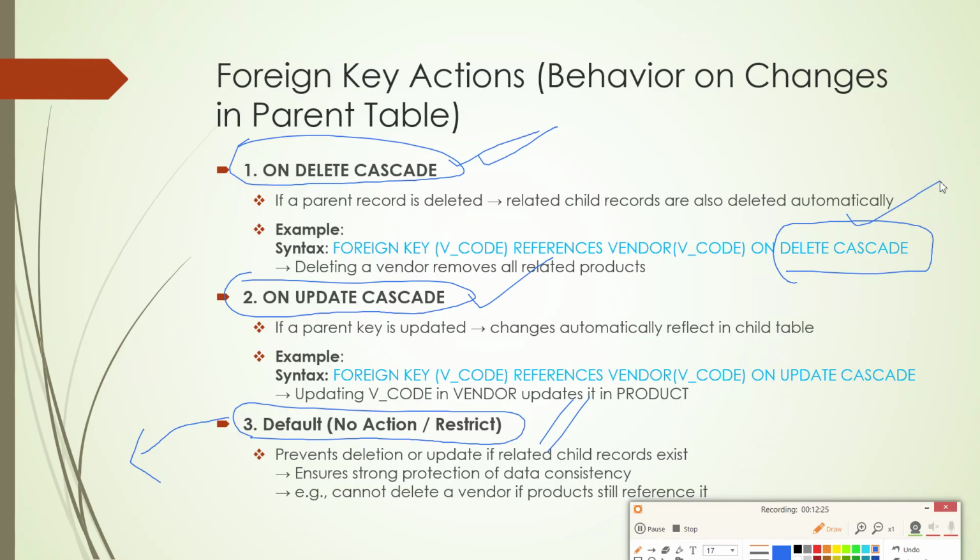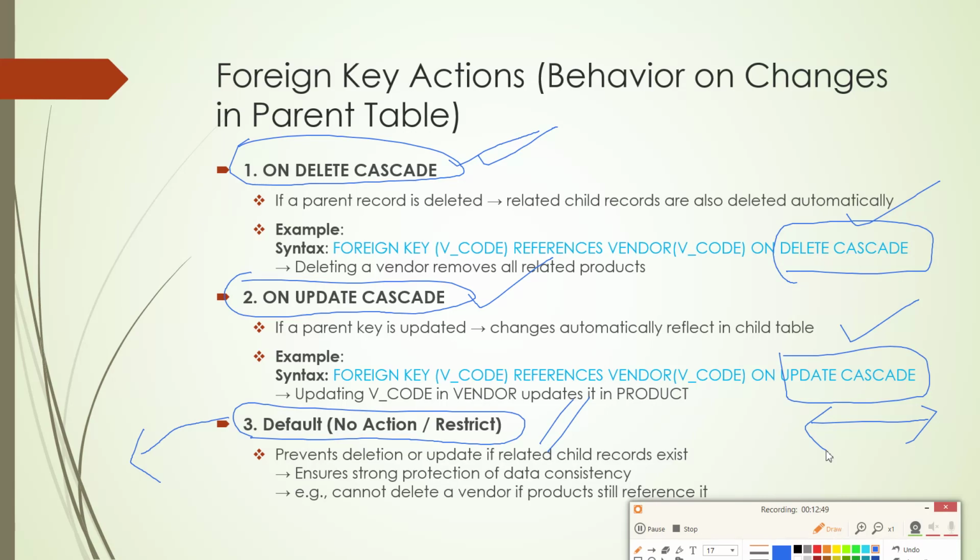And in the case of update cascade, if we make changes to the primary key value in the main table, that will be automatically reflected in all the tables where that primary key appears as a foreign key. So this is the advantage, and we will demonstrate them with an example.